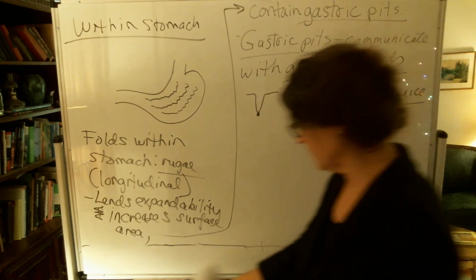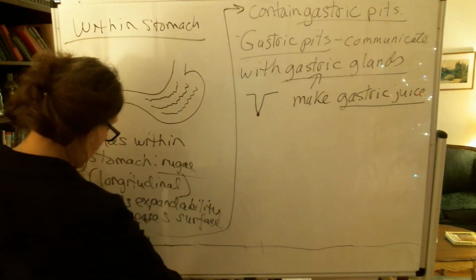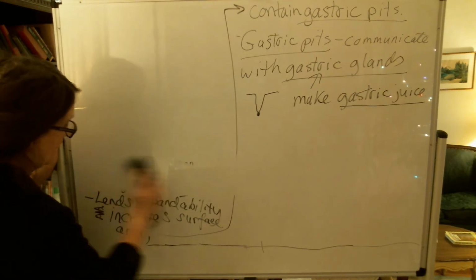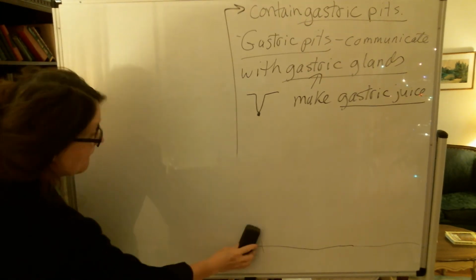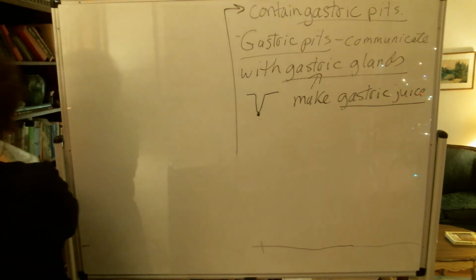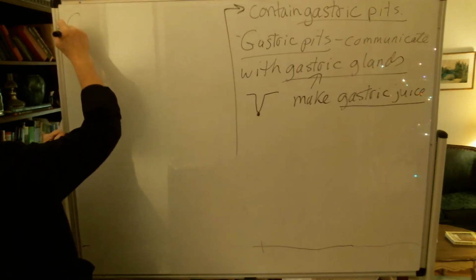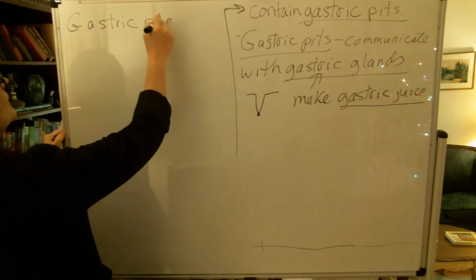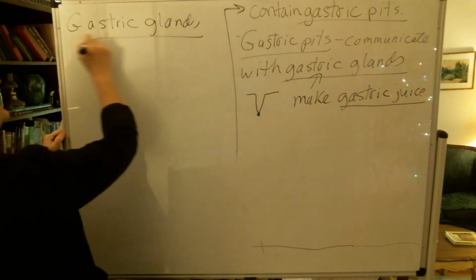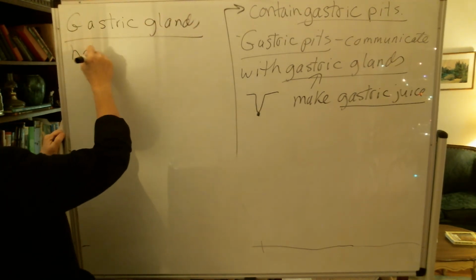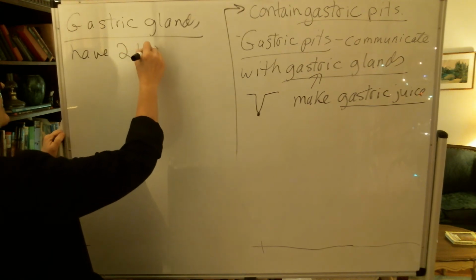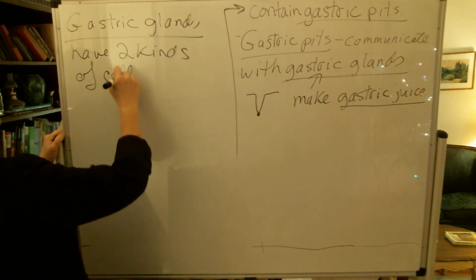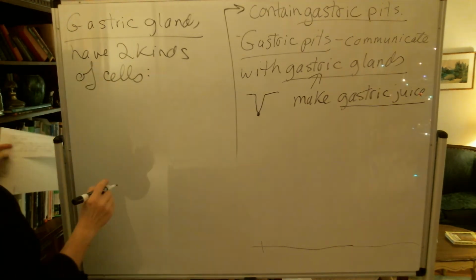So then, gastric glands have two kinds of cells.